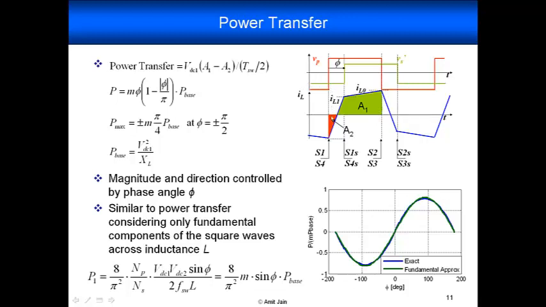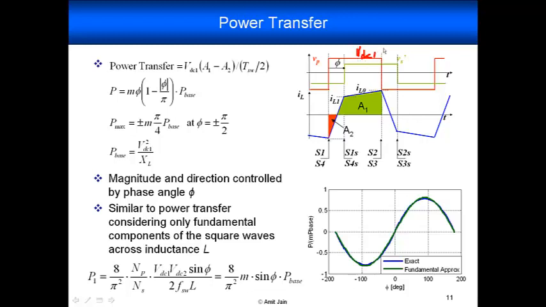So it's easy to see what the power transfer is going to be looking at these voltage and current waveforms. Vp for this half cycle is just VDC1, and this is the current output of the bridge. So we're going to multiply VDC1 by this current and integrate over this half switching cycle.